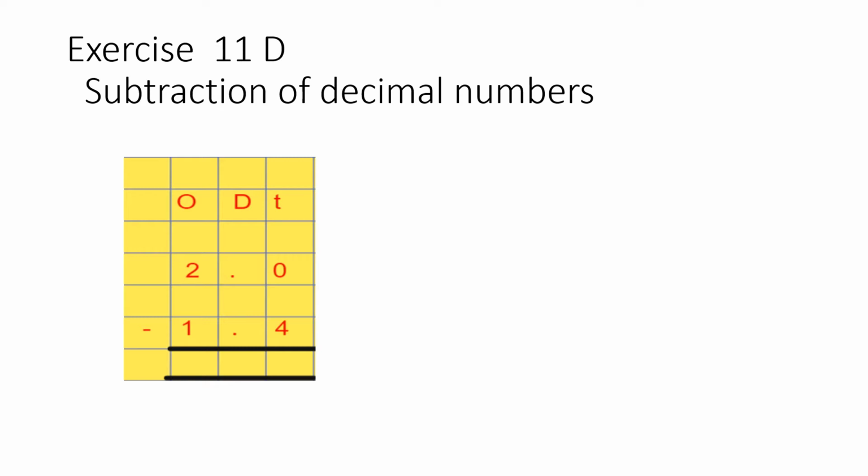2.0. From 0 we can't subtract 4. It is small, so we will borrow from the next number, which is 2 ones. When we borrow from 2 ones, the 2 will become 1 and the 0 tenths will become 10.